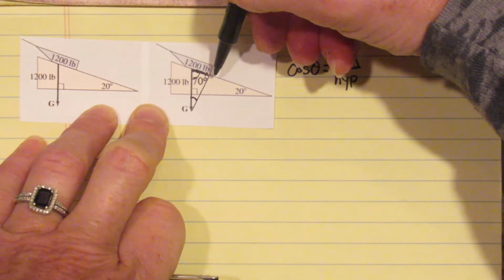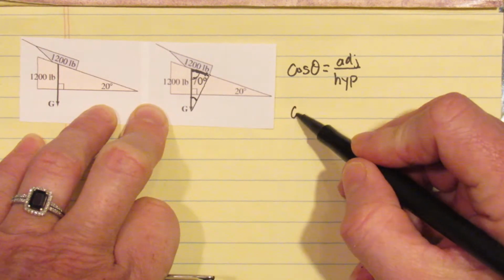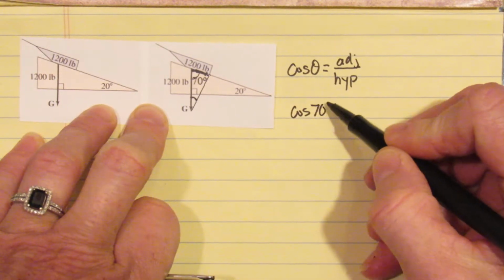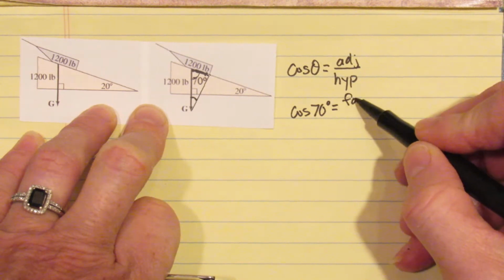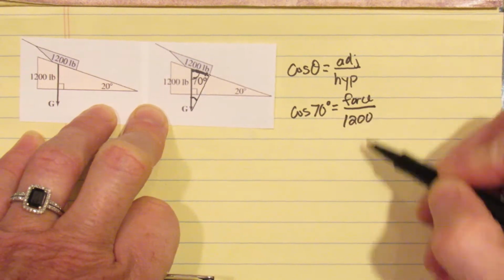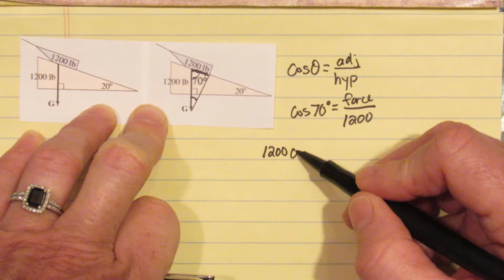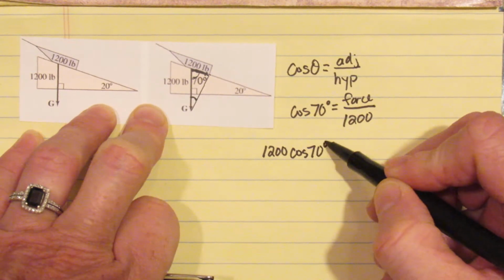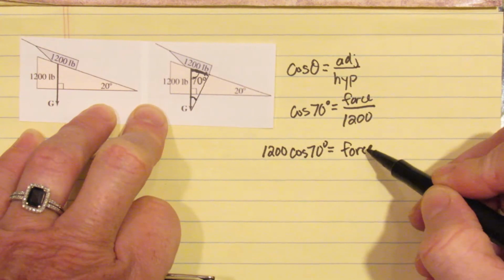So let's use cosine in that 70 degree angle. So cosine of 70 degrees is going to be the force that we're actually trying to find over the 1,200 pounds. So 1,200 times cosine of 70 degrees will equal the force that we're trying to find.